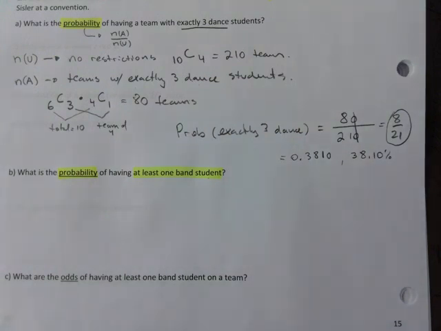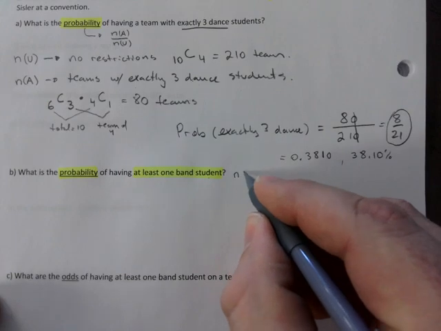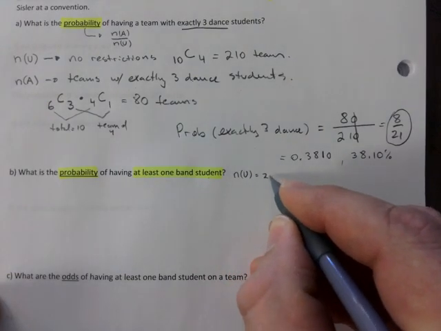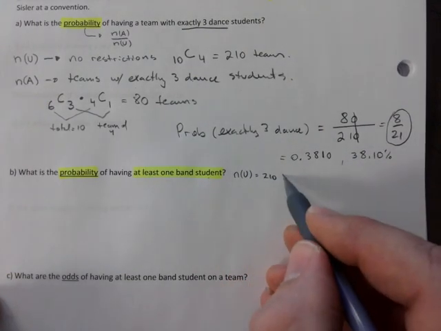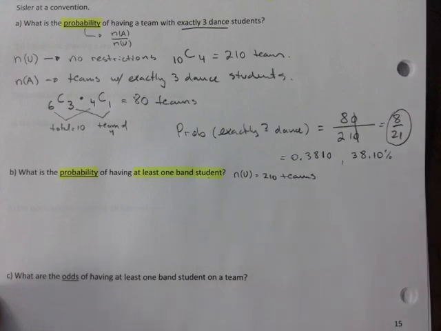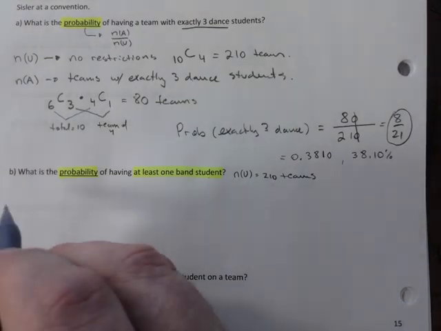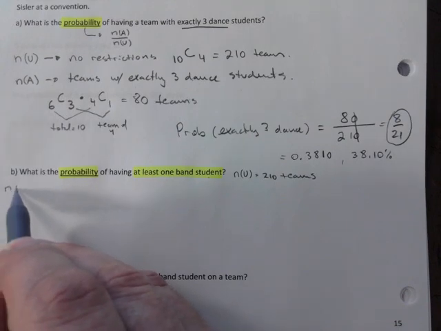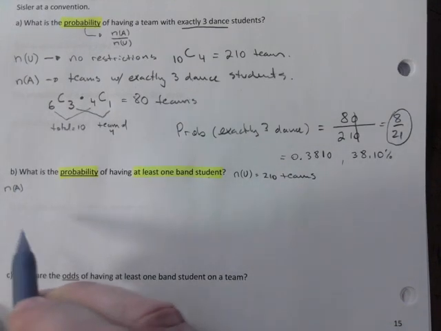We already know the total, right? The universal we already know. So we don't have to worry about that. So the NU is still 210. Okay, it hasn't changed. We're still talking about the same available number of students. So, hey, we just have to worry about the NA part. So let's do that part, the NA, the events we are after.